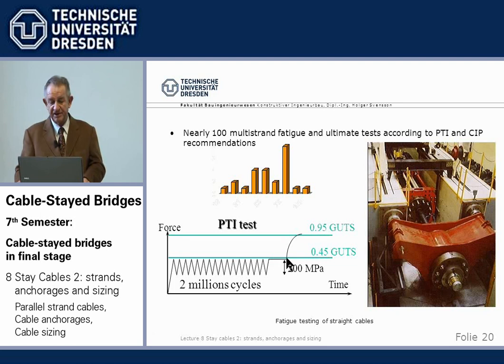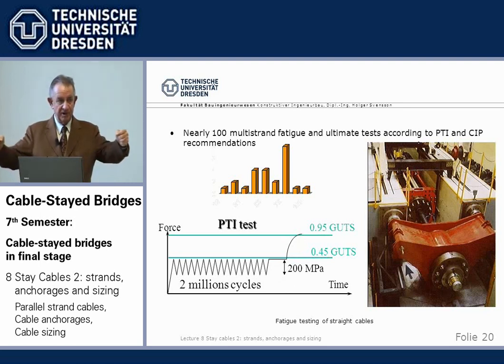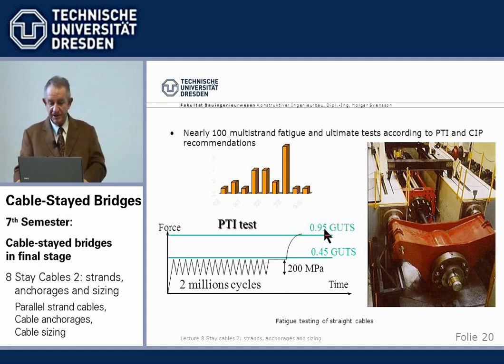GUTS is the American word. And the stress range is 200 megapascal, and so it's cycled this way. After the 2 million cycles, the cable is pulled until it breaks, and then it has to reach at least 95% of GUTS. You could say, why the hell, we want 100%.